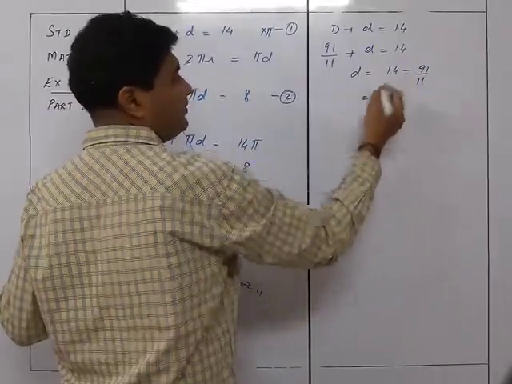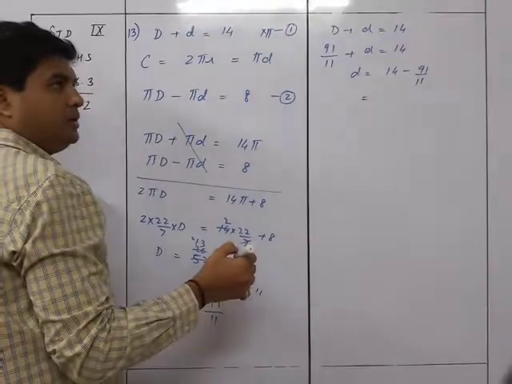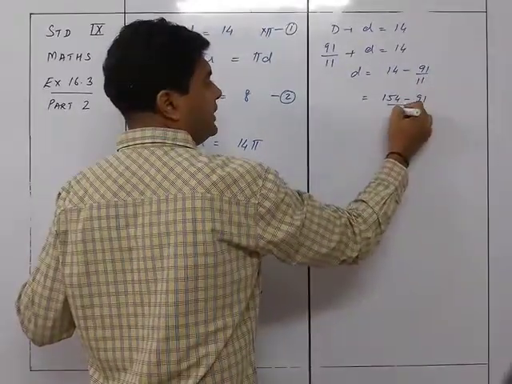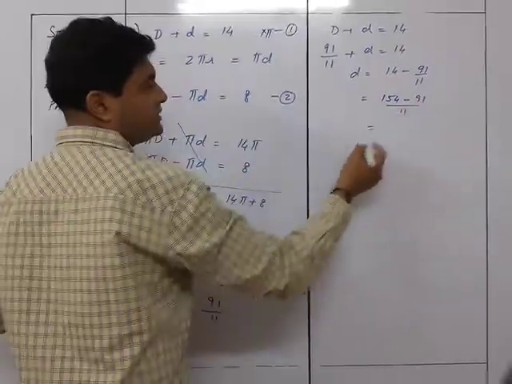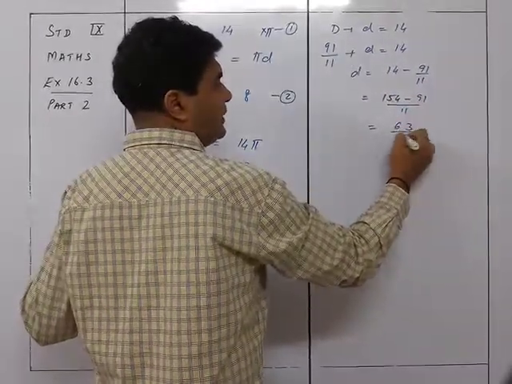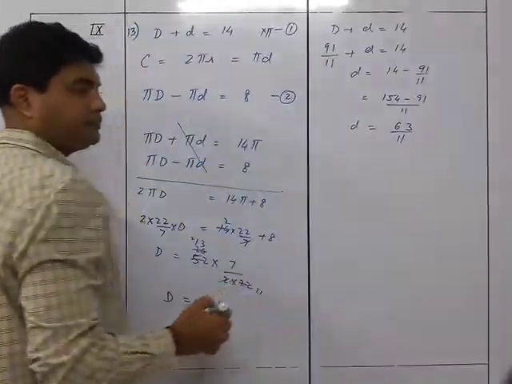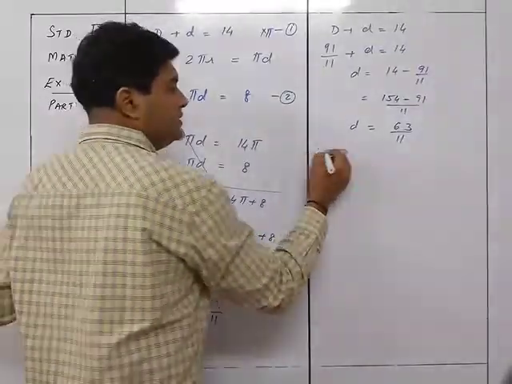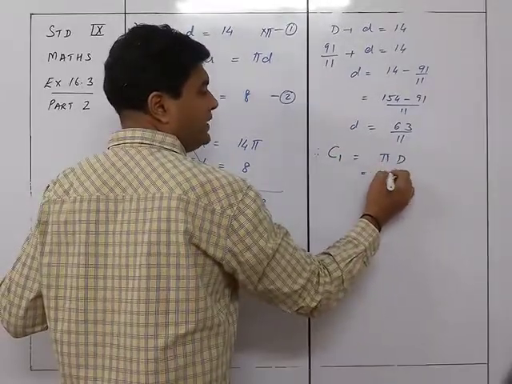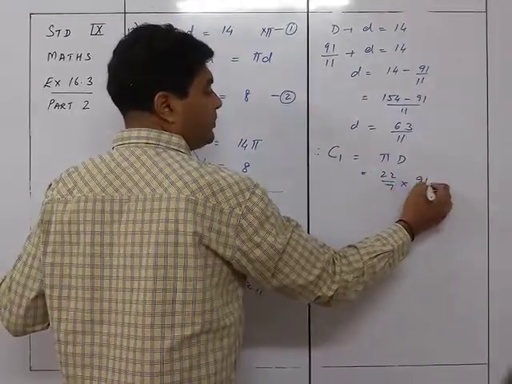So it will be 14 into 11 is 154. So 154 minus 91/11. That will give me 63/11. That's a small d. So therefore C1 is equal to pi D is equal to 22/7 into 91/11.